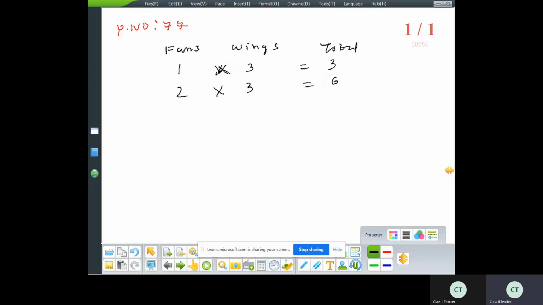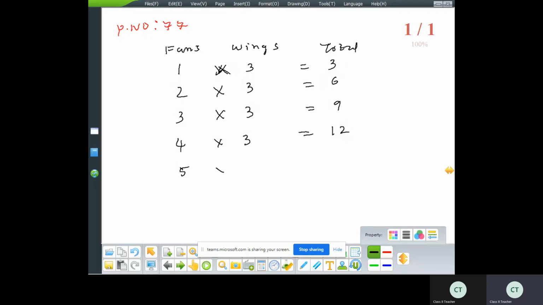Total wings are 6. 3 fans, 3 wings. Total wings are 3 3s are 9. 4 fans, 3 wings. 4 3s are 12. Total wings in 4 fans are 12.